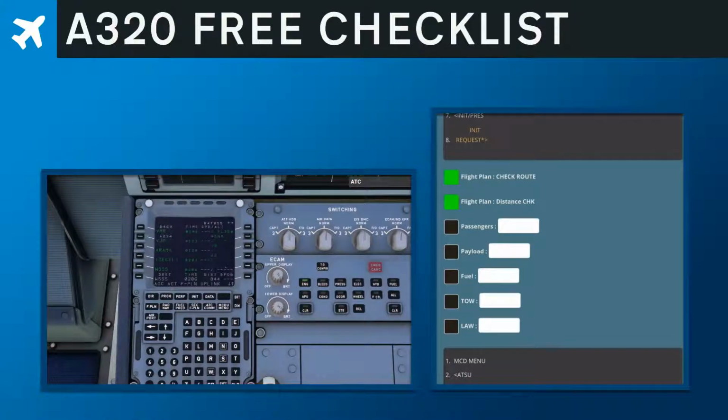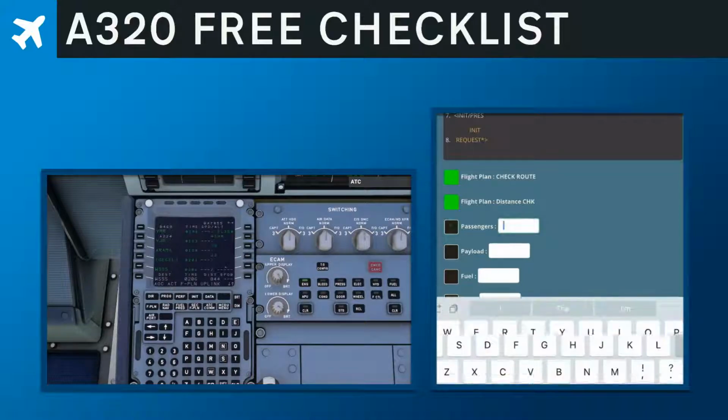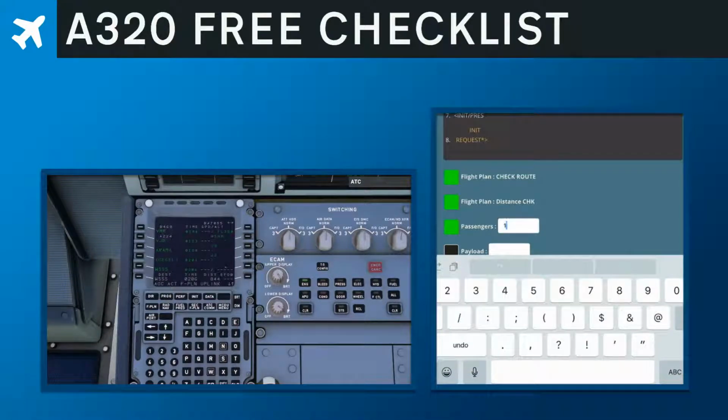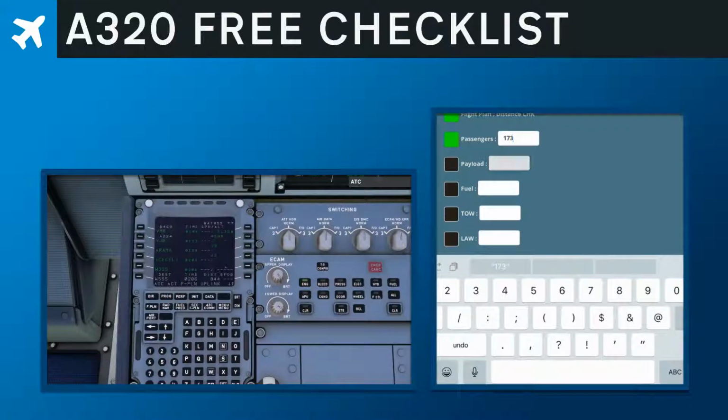Right, so according to my flight plan, which I won't pull up because there's not too much to look at here at the moment, I just need to have a look. So passengers, we're packing 173 today. So we'll add this to the notepad as well. Payload is 18 exactly, but we'll put the decimal in because we can.